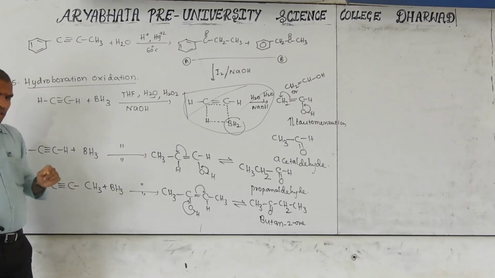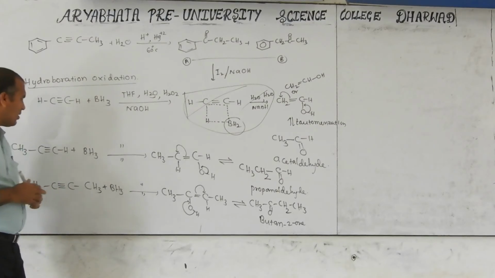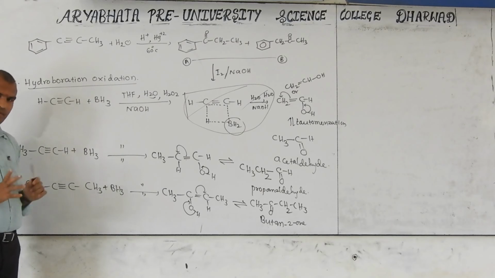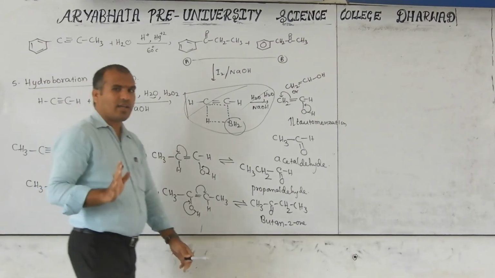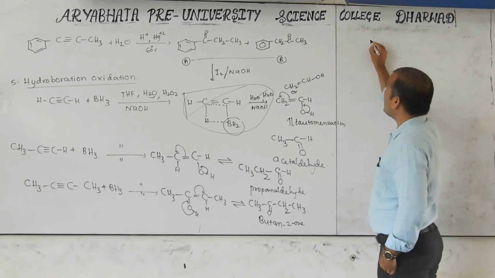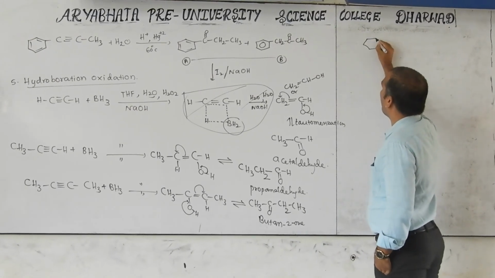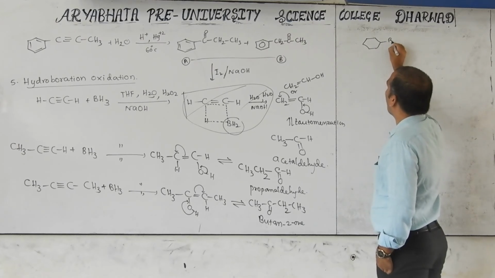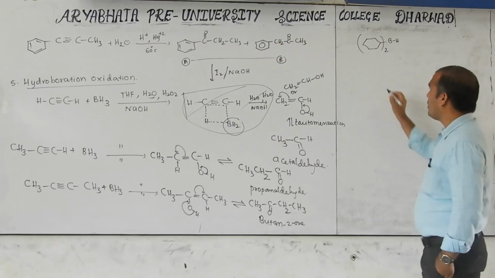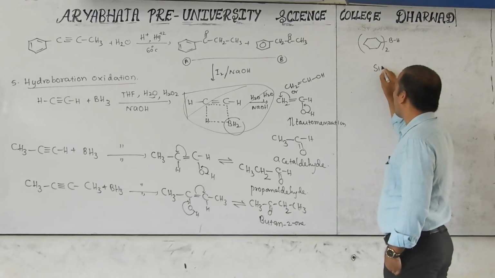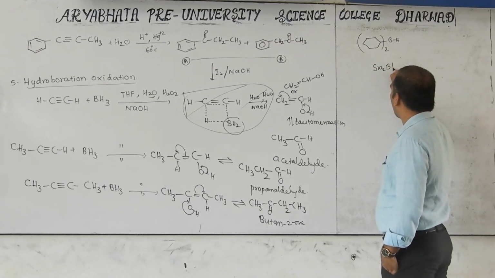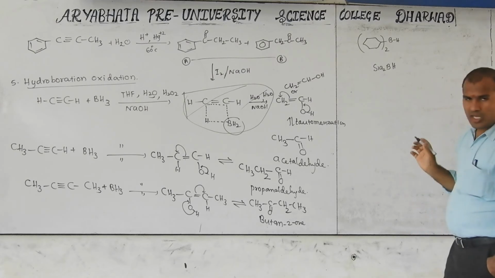Okay. But if you want to react with BH3, some other boranes are also there. I am writing those boranes' names here, as some state exams will ask. What are the boranes? One is this borane, which also gives the same reaction. Another one is Sia2BH.